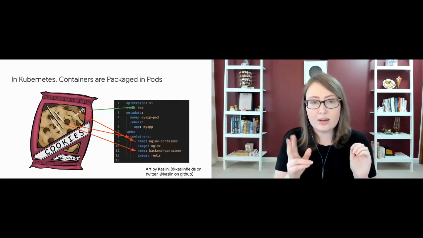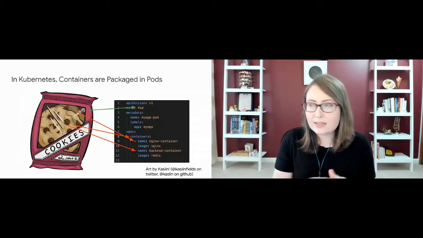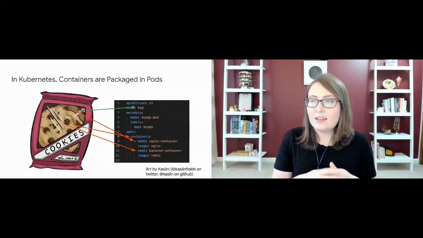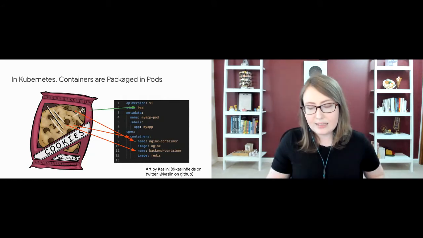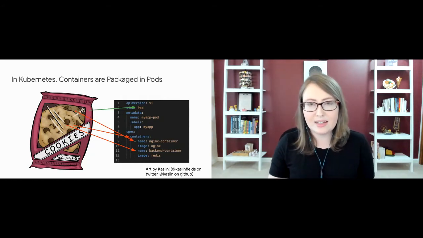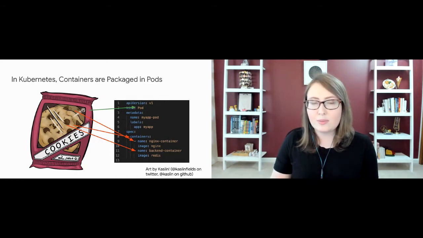So two containers in a pod will share storage space, they share network space, and they generally want to be two things that are very tightly coupled. So something like a sidecar, something that doesn't really matter on its own or doesn't make any sense on its own, but makes sense with the other container.